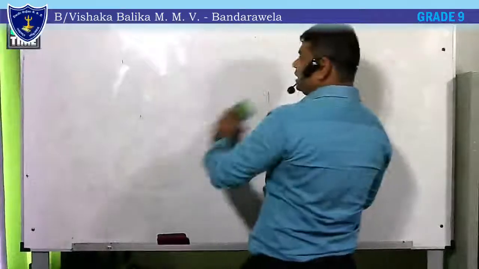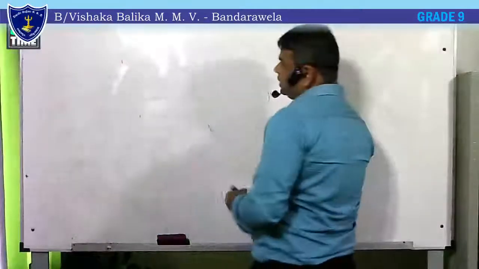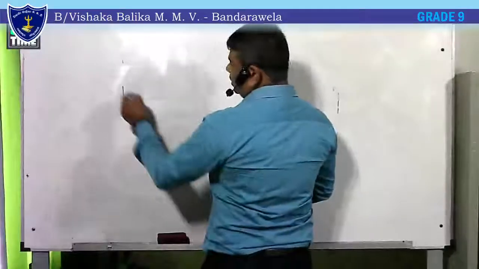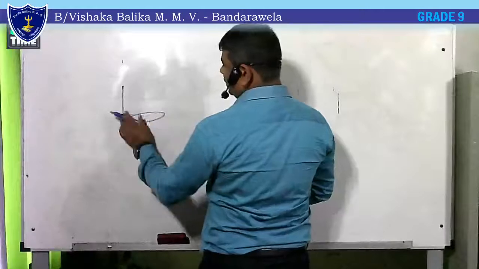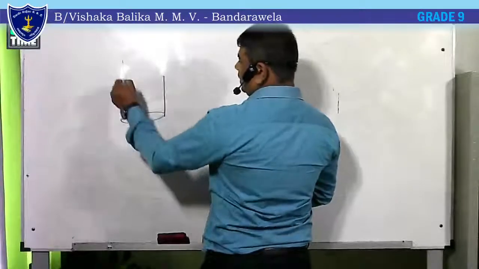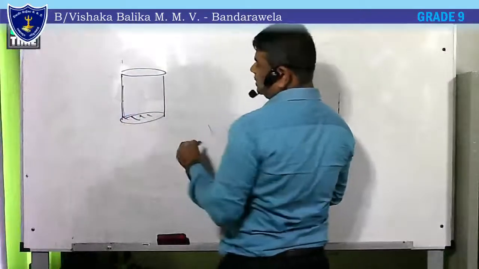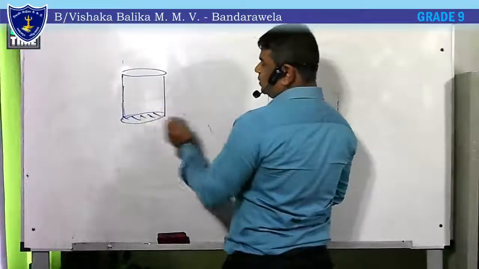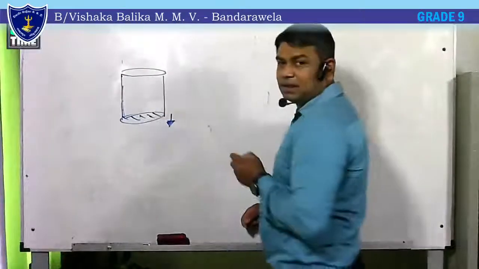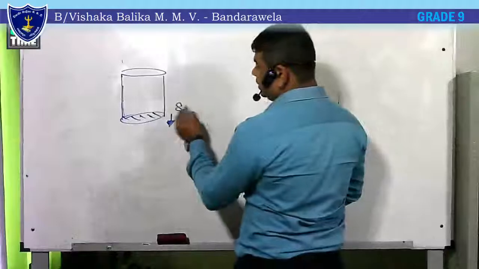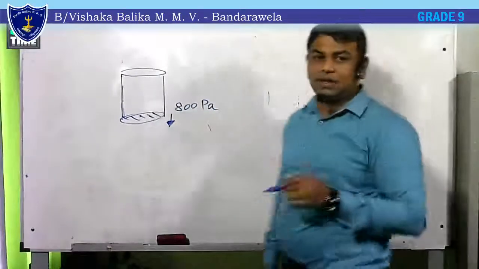Look at this type of problem. Here in this example, a cylinder is given. The cylinder exerts pressure downwards on the surface, 800 pascals of pressure.